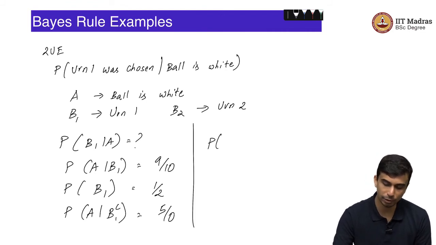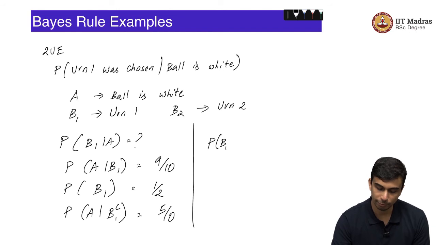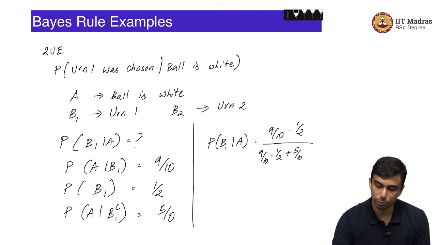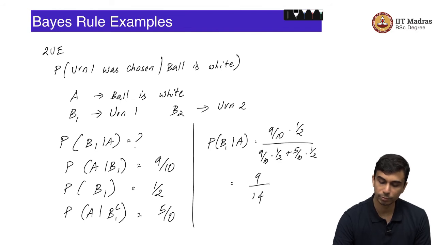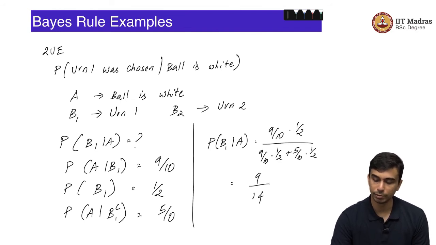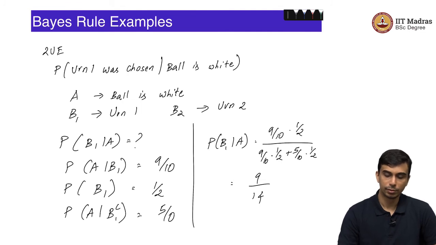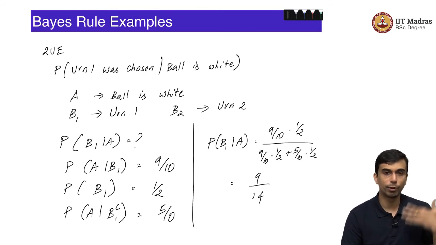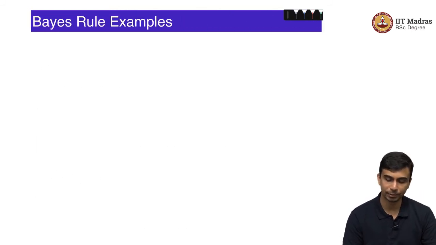You can put all of that together and get the probability of B1 given A equal to 9 by 10 times 1 by 2, divided by 9 by 10 times 1 by 2 plus 5 by 10 times 1 by 2, which is equal to 9 by 14. So this is the simple kind of calculation that you will do with the Bayes rule to go from A given B to B given A.